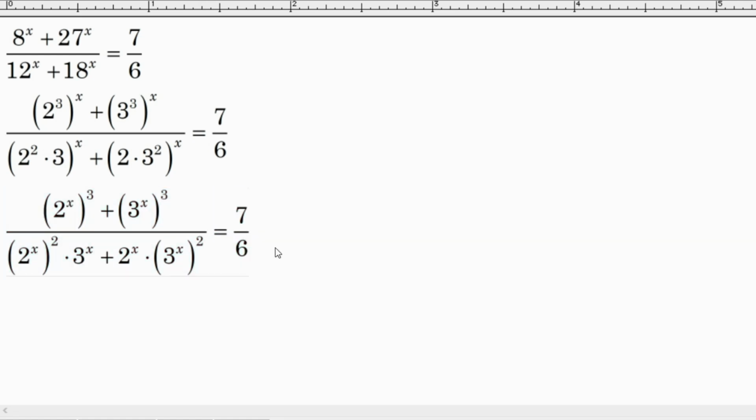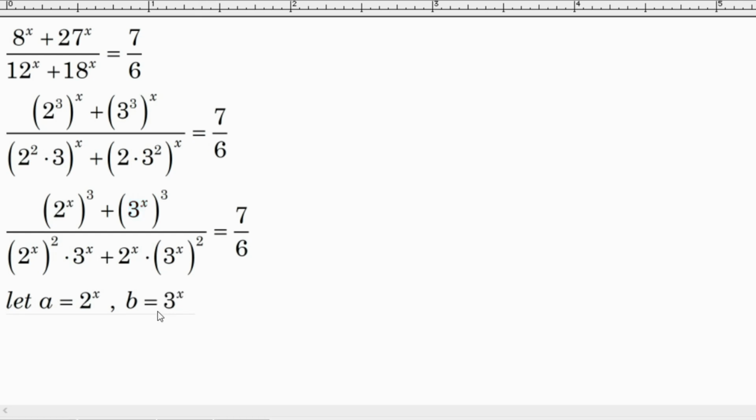So next I want to make this equation easier to solve. So let a equal to 2 to the power x here, and then b equal to 3 to the power x here.